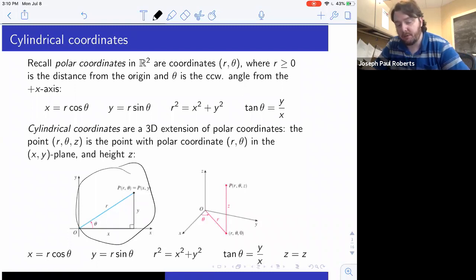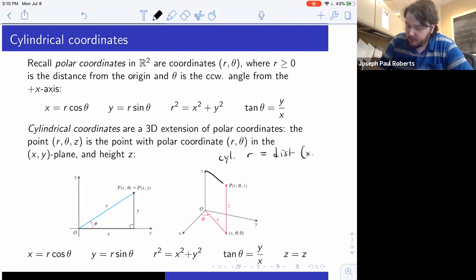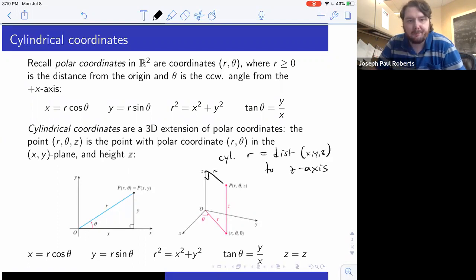So for polar coordinates, r is the distance to the origin. But in cylindrical coordinates, you're going to want to think of r as being the distance to the z-axis. So for cylindrical, r is the distance between x, y, z and the z-axis. So that's how we're viewing that picture here, that this distance here is r.